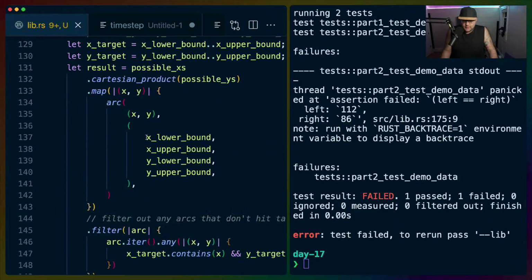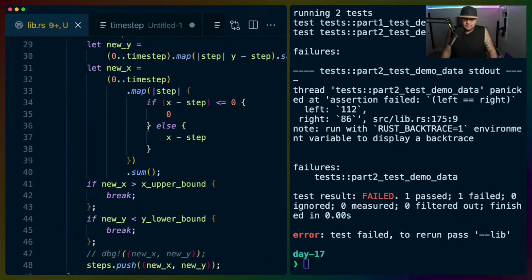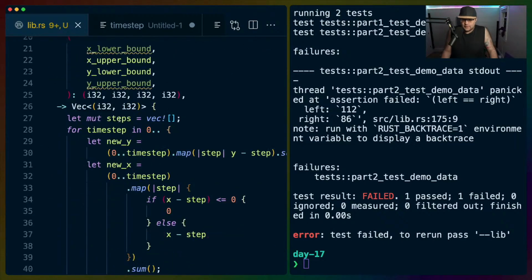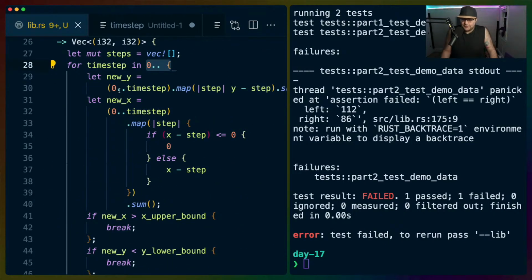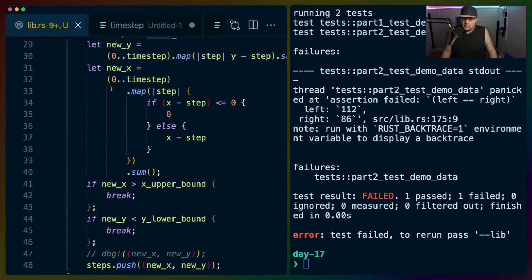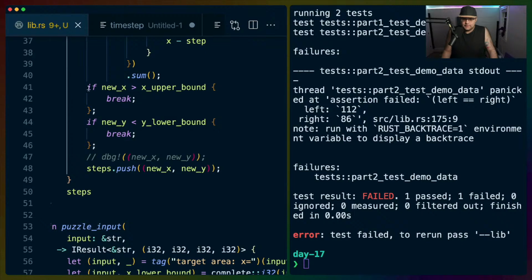Let's see. Cartesian. Let's go back up to arc. Arc generates us time step from 0. So we start at 0, 0. We keep going. If the new x is greater than the x upper bound and new y is lower than the y lower bound, then break.